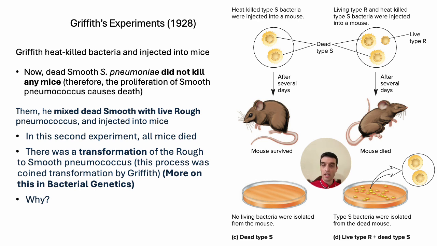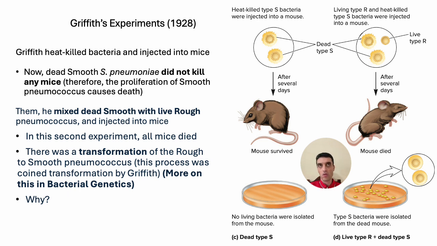Probably nothing will happen. And when he heat killed smooth pneumococcus, nothing happened. No mice died. All survived. But then he thought, well, if we mix a dead smooth pneumococcus with a live rough pneumococcus, what would happen?